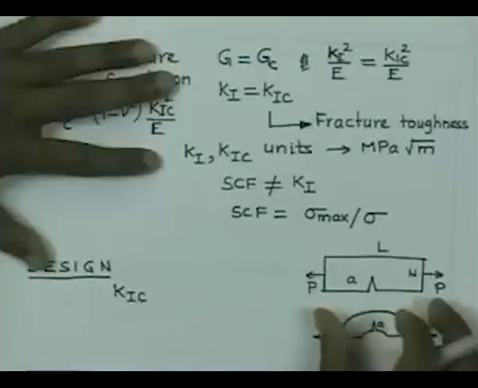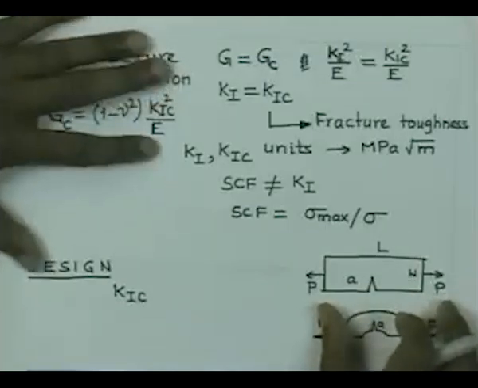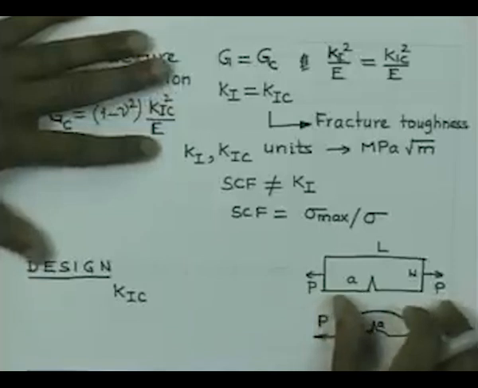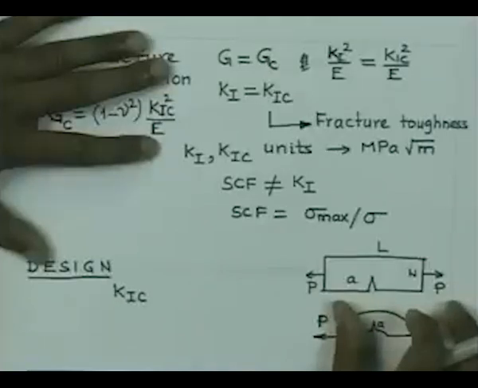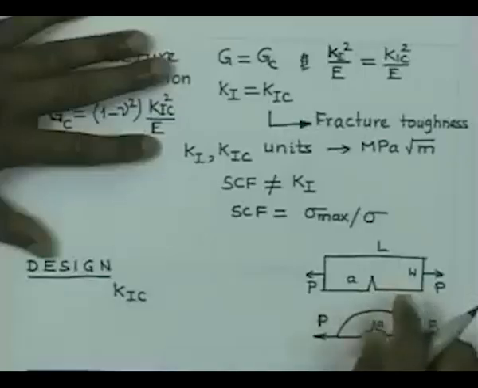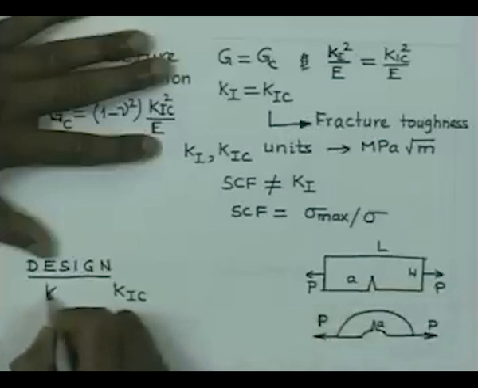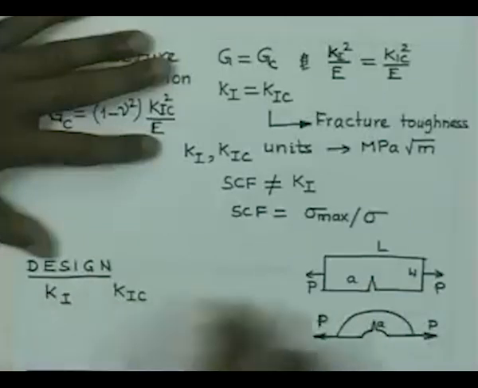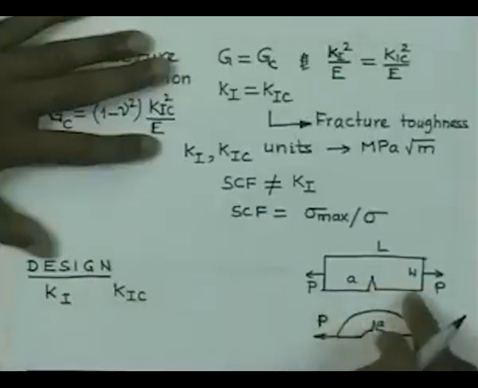at the crack tip under the action of the loading, and this stress intensity factor can be calculated analytically, or it can be calculated by numerical methods or experimental methods. Sometimes they are also available in the handbooks. So, you collect the data for the stress intensity factor K1, let us say, from the handbook.